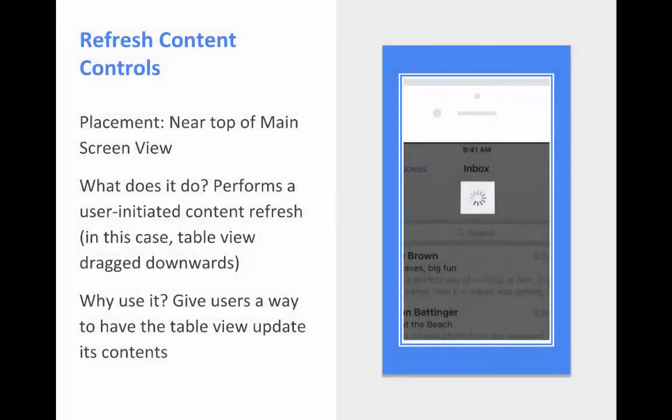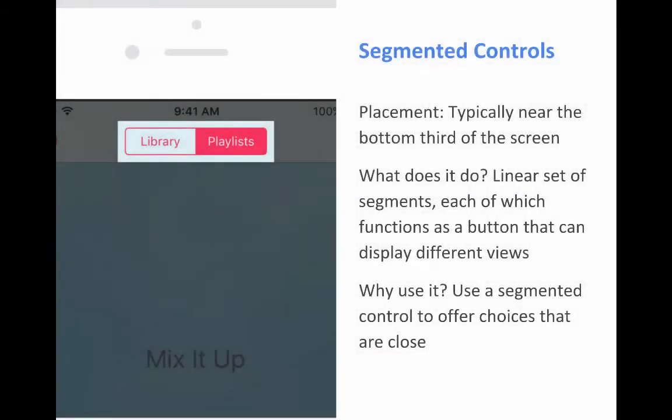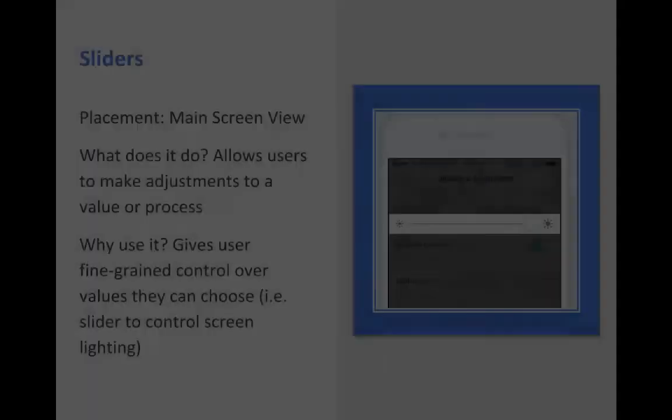The refresh content control. So this is something where if we pull down our emails, it shows that it's going to display whatever new emails the user has. Segmented controls. This allows the user to toggle between different views. For segmented controls, you probably don't want to go over 2 to 3 segments.